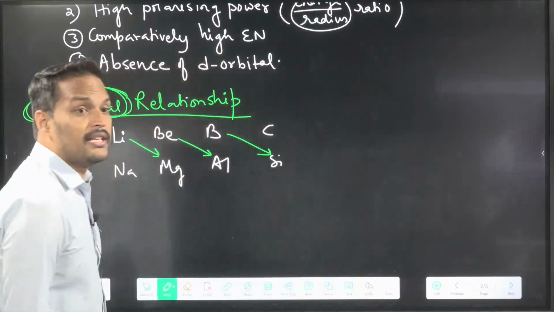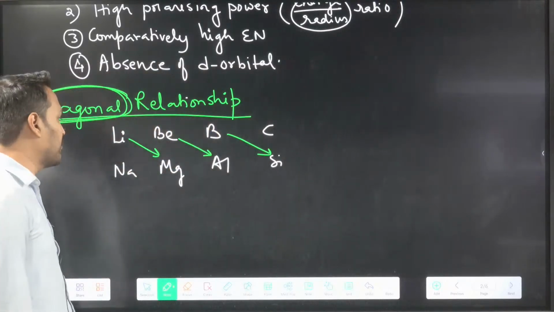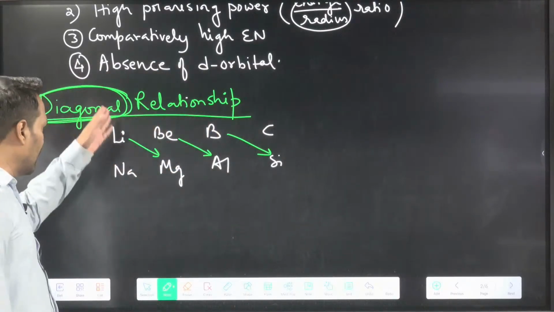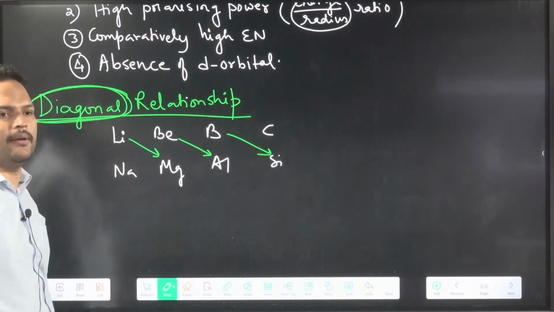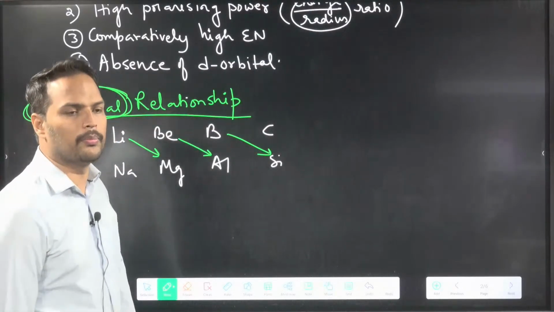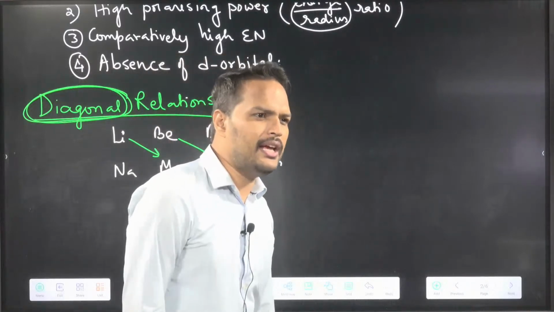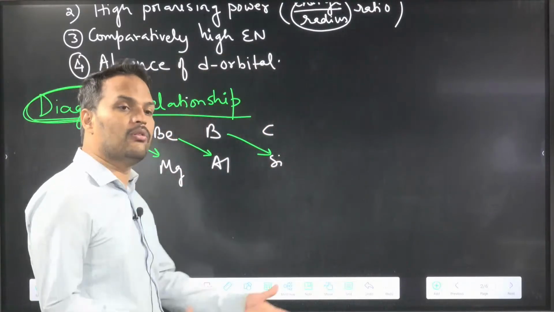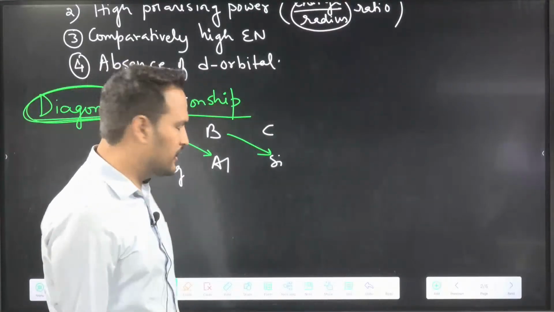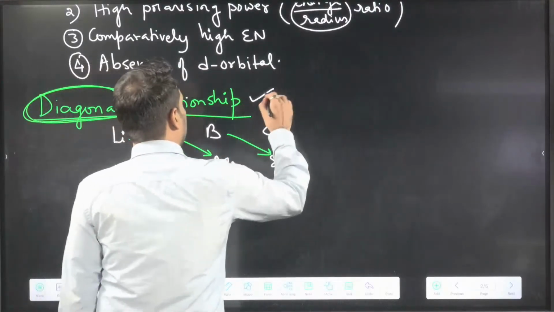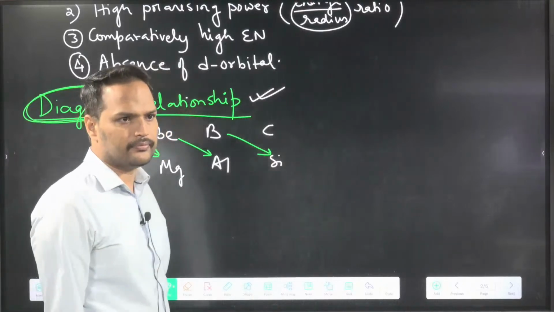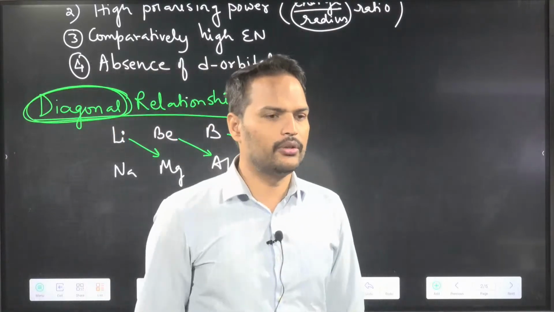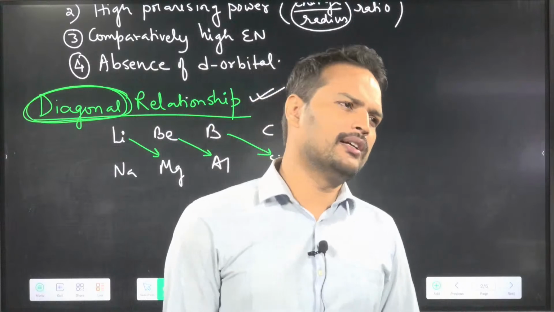Now the question arises, why, how is this happening? In a group the properties should be same, but here something different is happening. Diagonally you are same. This is known as diagonal relationship.